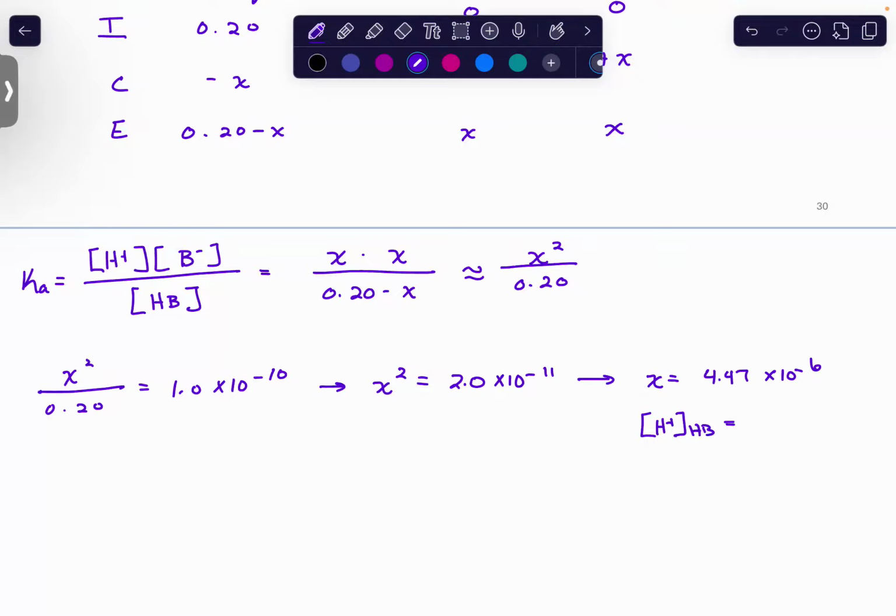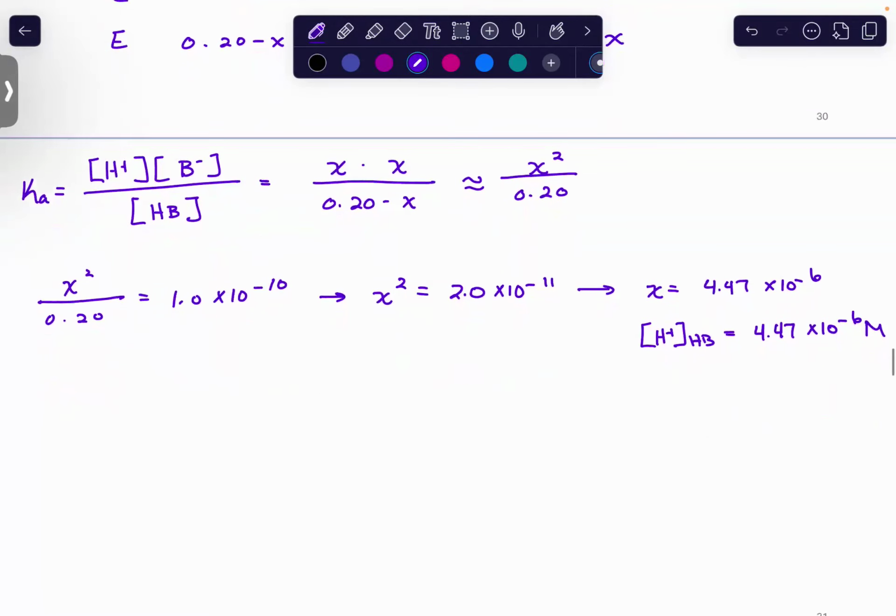So the concentration of protons from acid HB is going to be that. Now, the question is, how much did that change our overall concentration?